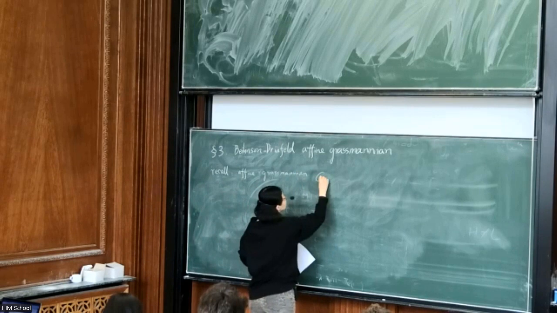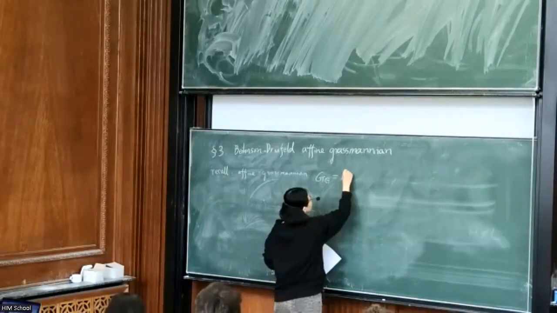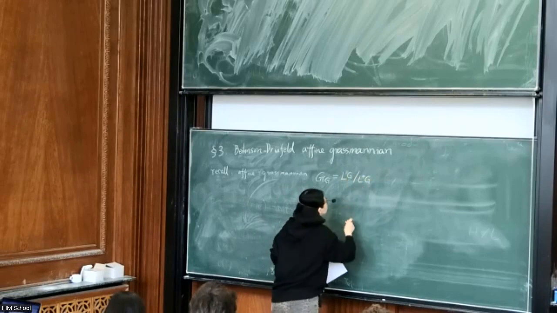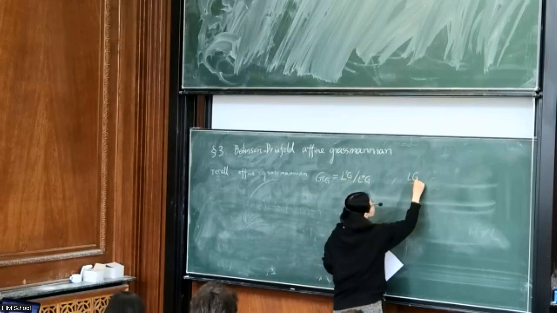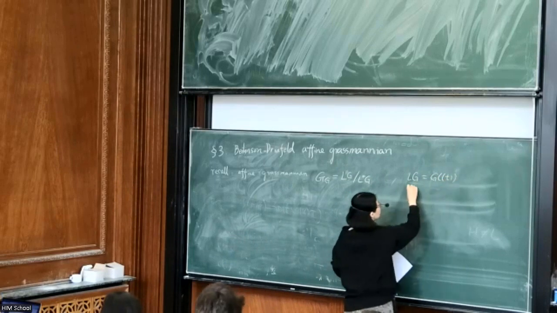That we saw yesterday, associated to the group G. It's the fpqc quotient of the loop group by the positive loop group, where the loop group is sometimes written like this.